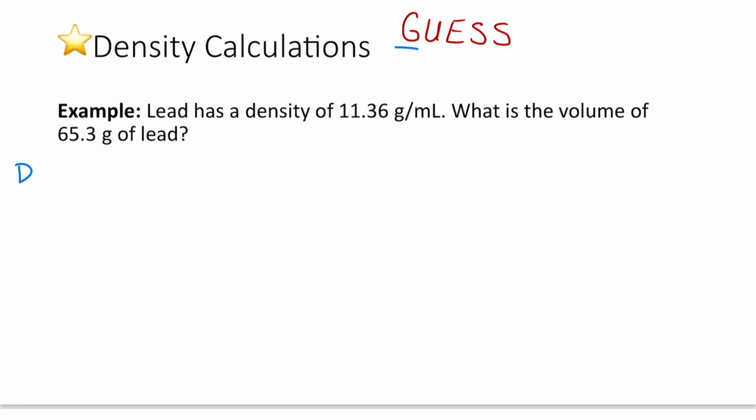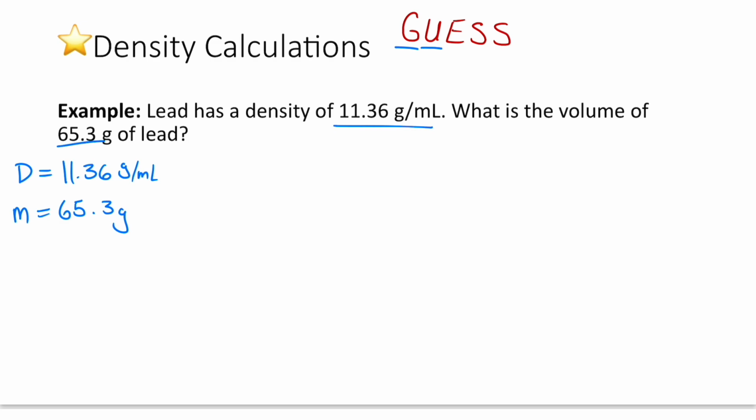They told us the density of lead, 11.36 grams per milliliter. Always include units on everything at every step. Our other given was mass. They told us we've got 65.3 grams of lead. So density and mass were our givens.